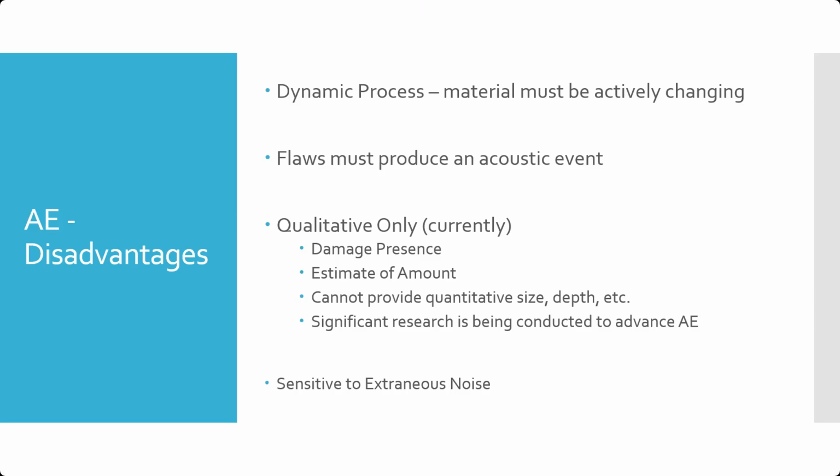One thing you do have to be aware of is that it can be sensitive to extraneous noise. Now, the nice part is a lot of the ranges that this operates in, we don't have a ton of extraneous noise. It's up in those ultrasonic ranges, and in most cases, you don't have a ton of noise. Say you have a motor running at 3,000 RPM.